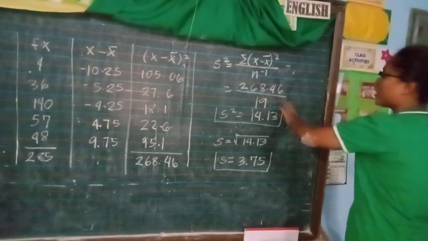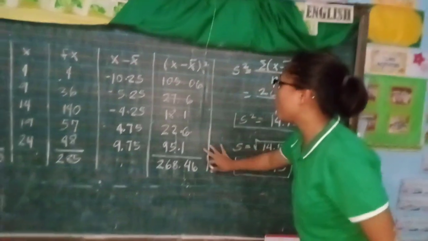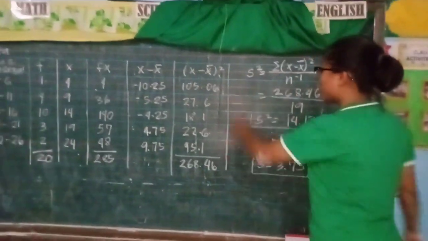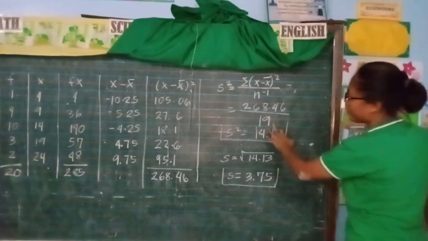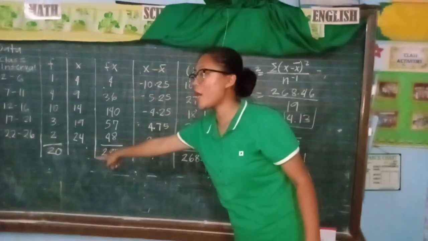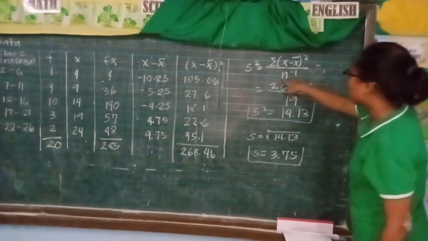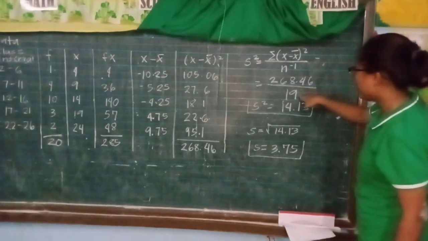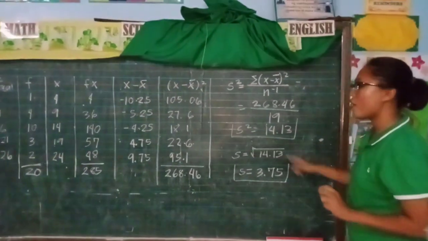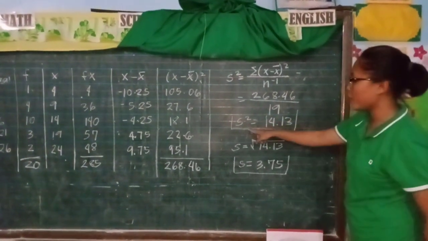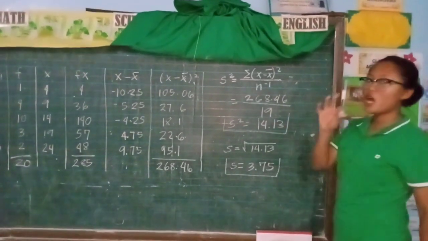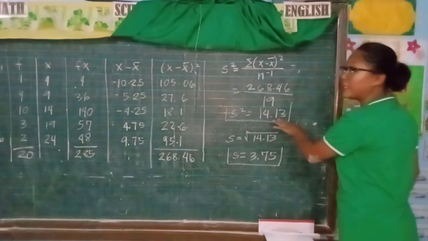Our 268.46 is the total number of the quantity of x minus mean raised to the power 2. And our denominator is 19. That will be our frequency total number, we will minus 1. It will be our n minus 1, and 20 minus 1 will be 19. And the total number of our variance, s squared, equals 14.13. And our variance is 14.13.